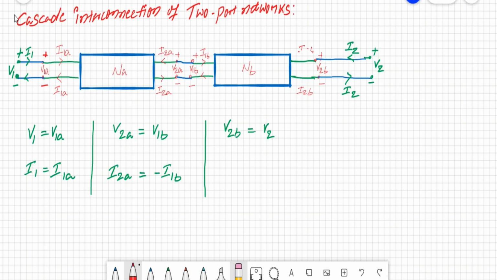So this is your I2B which enters, and here it leaves. So V2B is equal to V2, and I2B is flowing in this direction and I2 is also flowing in the same direction.